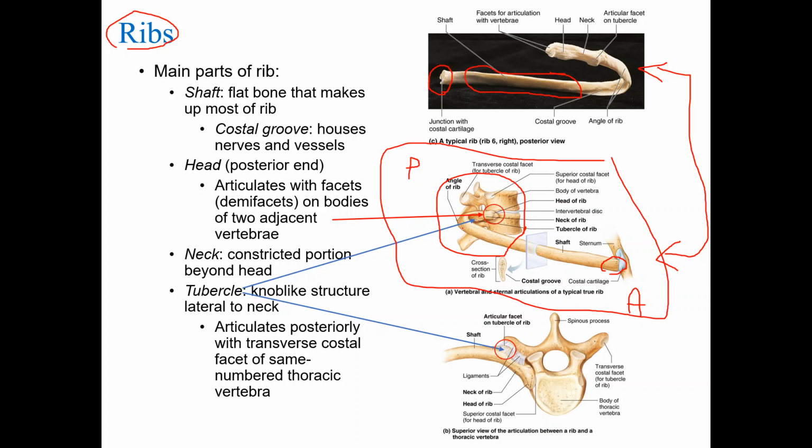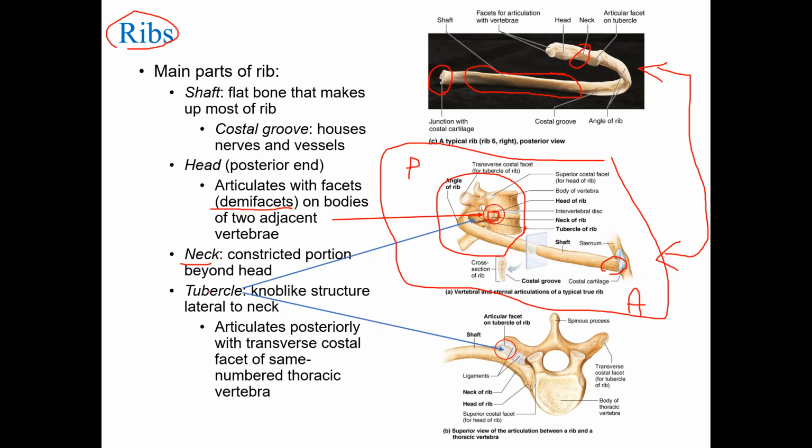And so when we look here, we can recognize a head, which is the posterior end of a rib that articulates with the bodies of the vertebrae at very specific facets, which are the demifacets that we talked about earlier, remember? Then we can recognize the neck. Neck is just a constricted region, nothing too important.